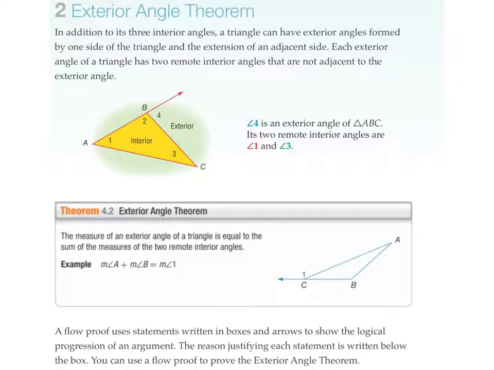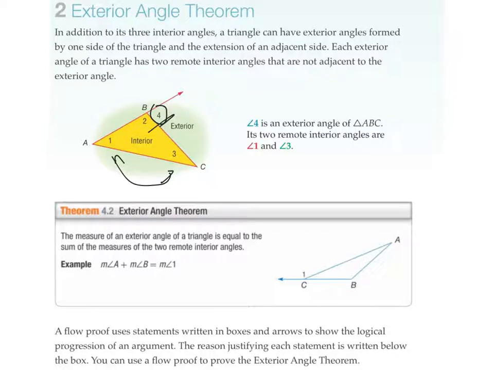Okay, how does this work? The exterior angle theorem. Well, let's have a look. We're looking at angle 4 and how that links in with angle 1 and 3. Well, we know that angle 2 and angle 4 are a linear pair, supplementary, so whatever the value is at angle 4, you subtract that away from 180, you get angle 2.